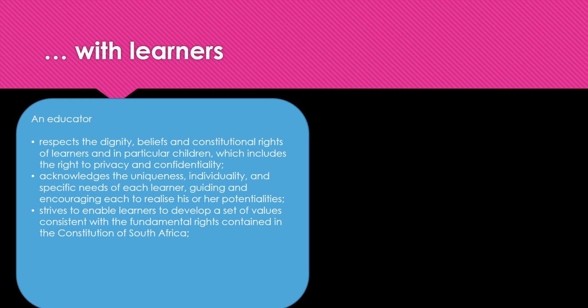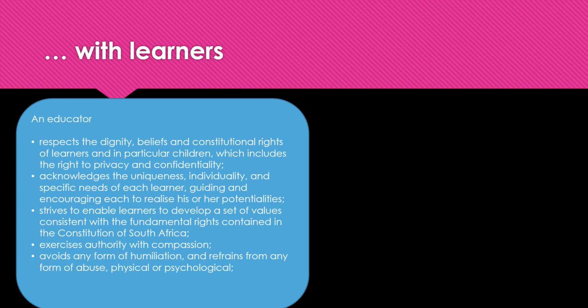A teacher strives to enable learners to develop a set of values consistent with the fundamental rights contained in the Constitution. A teacher exercises authority with compassion, avoids any form of humiliation, and refrains from any form of abuse, whether physical or psychological, refrains from improper physical contact with learners, and promotes gender equality.